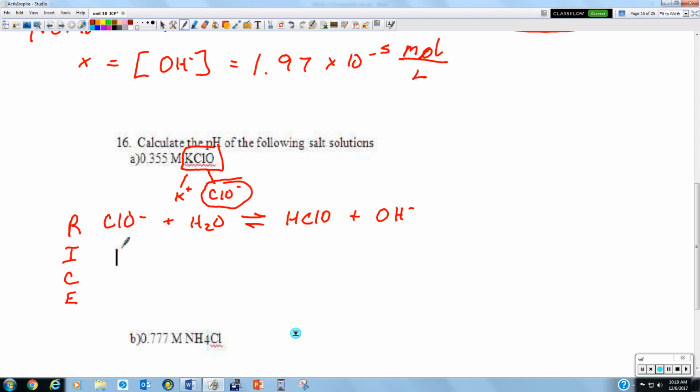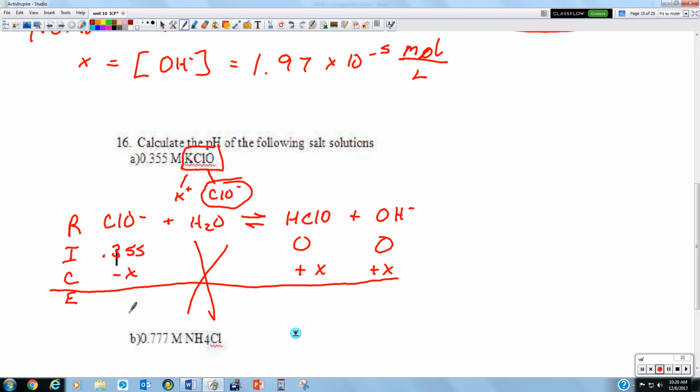Our initial concentration is 0.355, then 0, 0. So this is minus x, plus x, plus x. All that we should be able to do without really thinking.